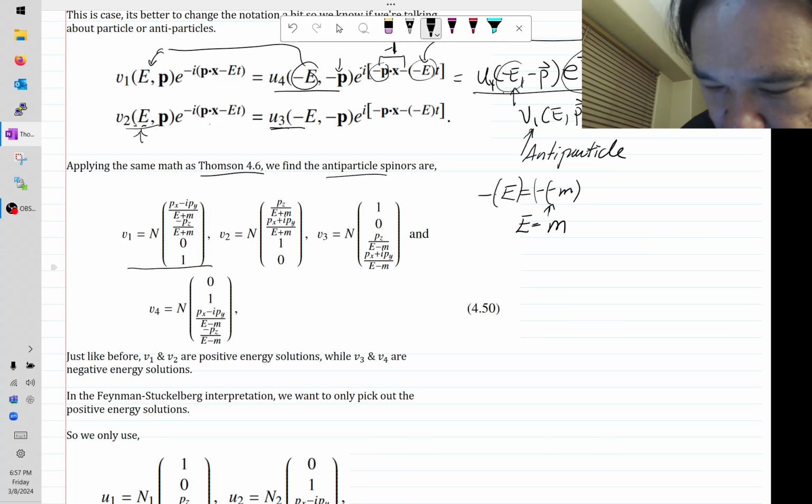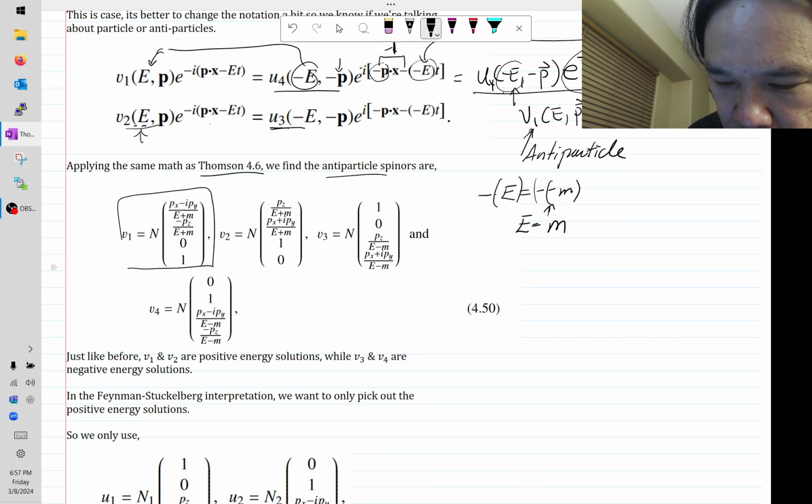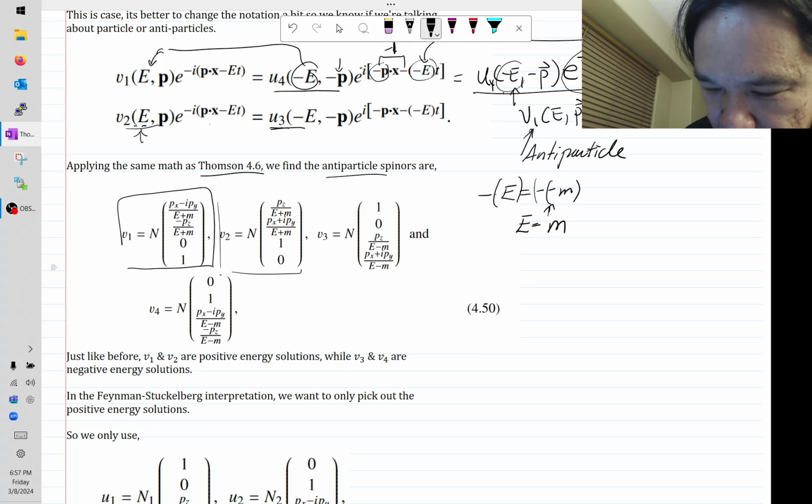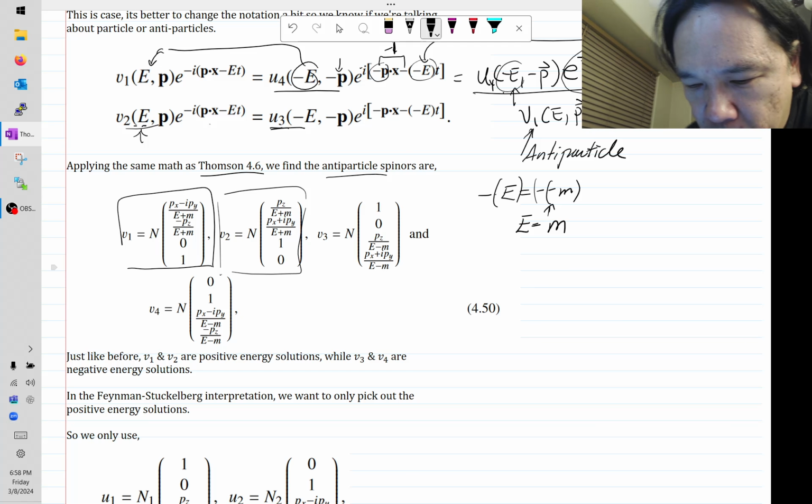So this is also positive m here. That's v1, and v2 is very similar, but you just switch the places of pz and px and py, with a little bit of negative sign in front of the py.